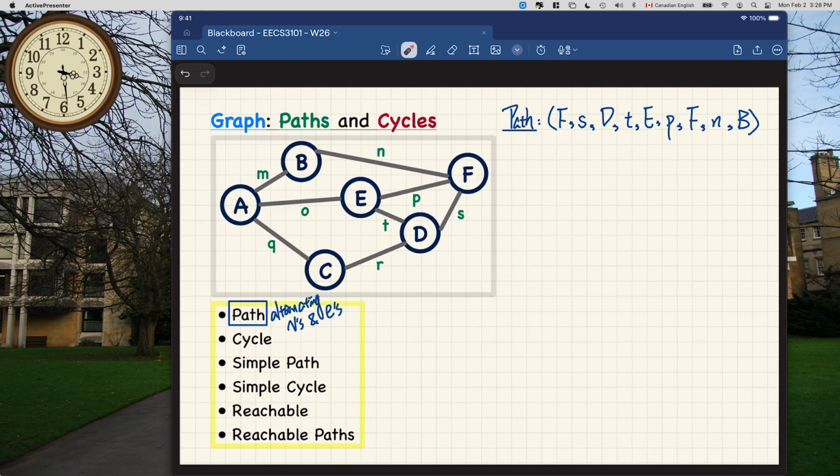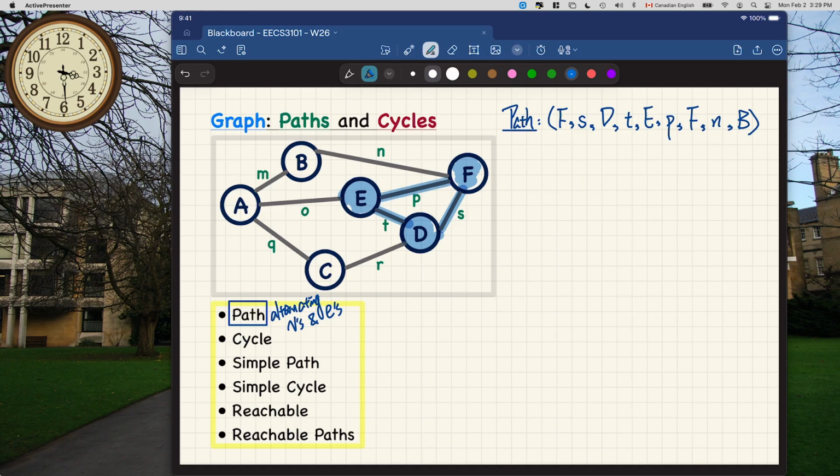All right, this one here is interesting. That's exactly how that would look like. So we start with F, and then we go, let me make it a little bit thicker, through S, and then we go to D. And then we go through T, and then we arrive in E. And also we go through P here.